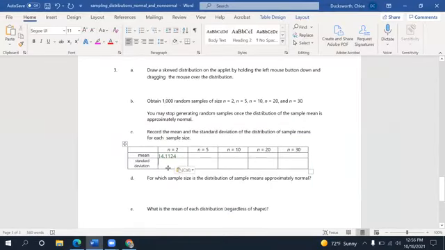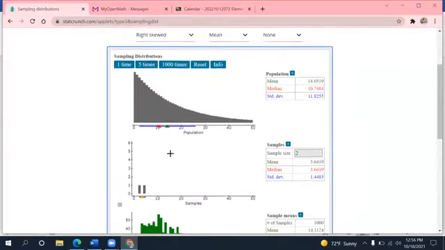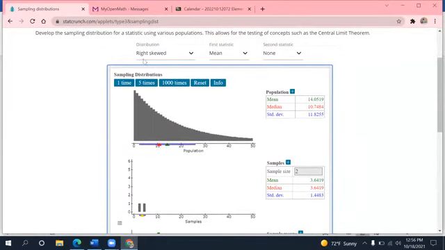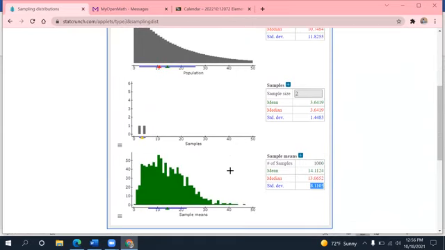This one is definitely right skewed. Yeah. So what you put right here basically determines how the data will show.